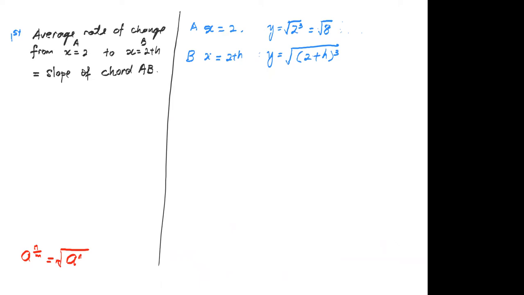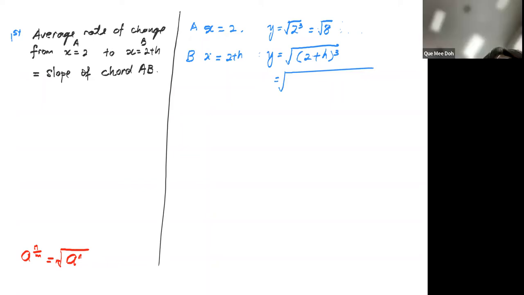So now I will expand this as square root of... 2 cubed is 8, correct? Plus 2 squared is 4, 4 times 3, 12.